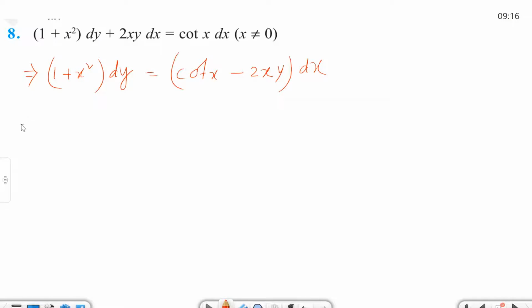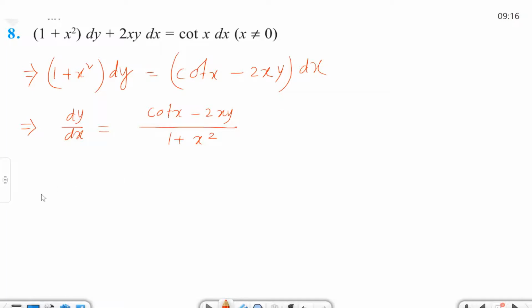So then dy/dx is equal to the numerator, cot x minus xy, divided by the second term, 1 plus x square. So we need three terms, as I already said, because this is a linear equation.